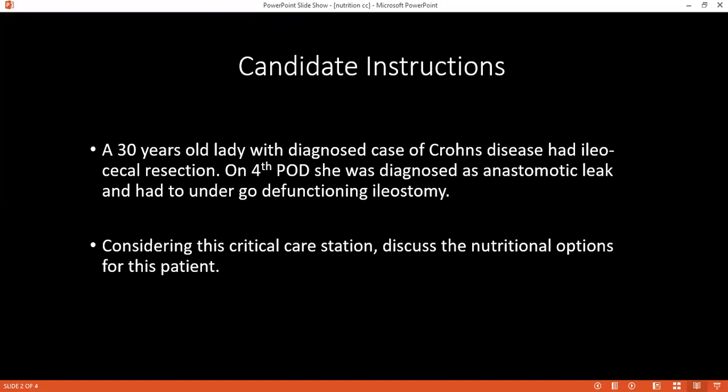Okay. Can you please tell me how you would calculate the amount of nutrition to be given to this particular patient? For this patient, the total calorie requirement will be calculated first.